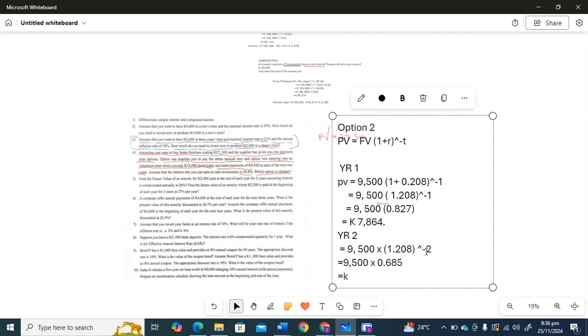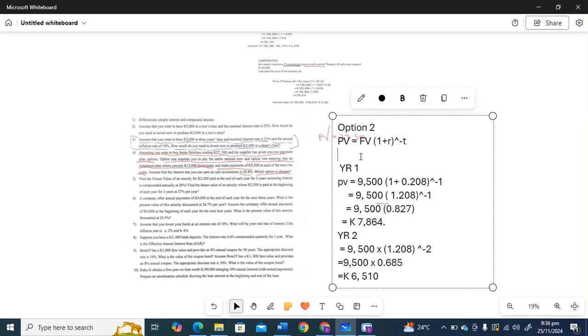So this 9,500, which we're going to pay in year two, its value today is 6,510 kwacha. So we're going to total up these values so that we get the total present value of option 2.